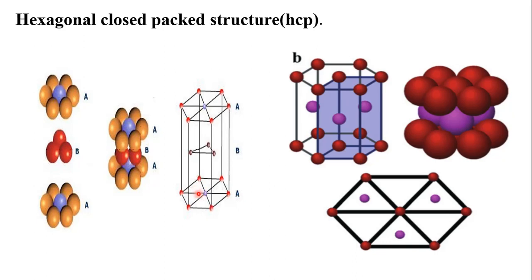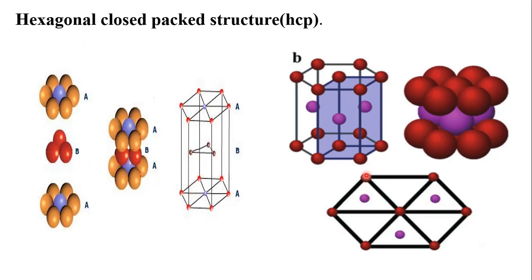And in these triangular spaces, alternately, these 3 spheres are placed. This sphere is placed in this triangular void, this sphere is placed in this triangular void, and this sphere is placed in this triangular void like this.